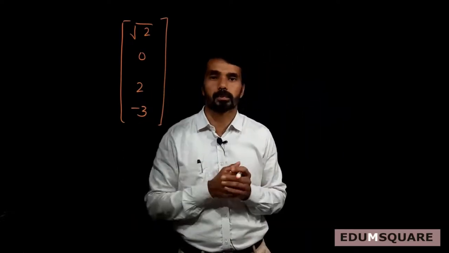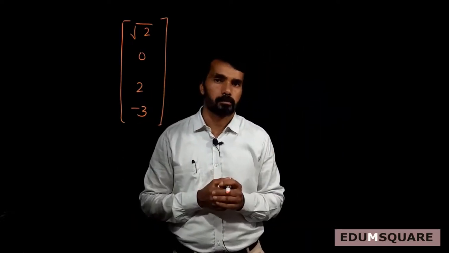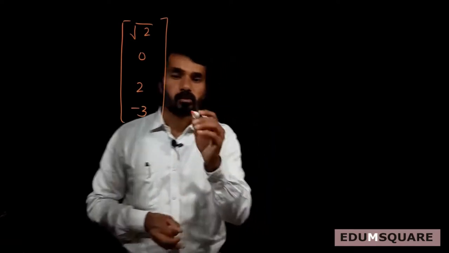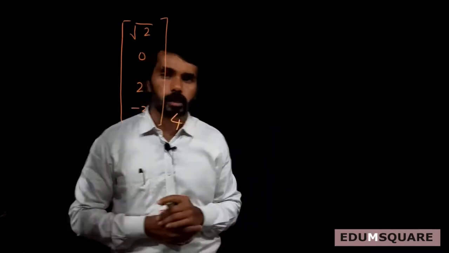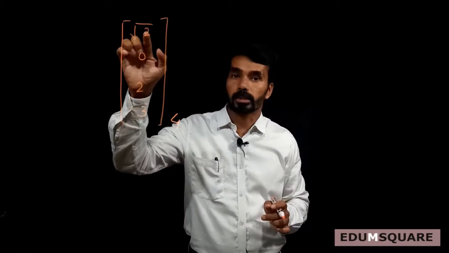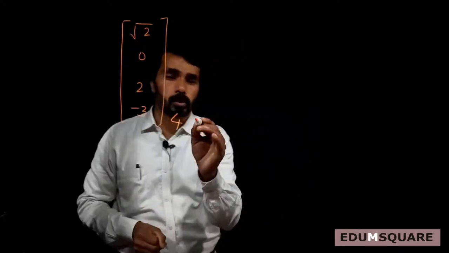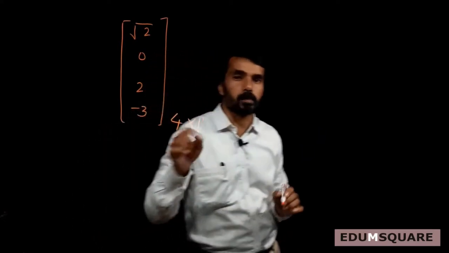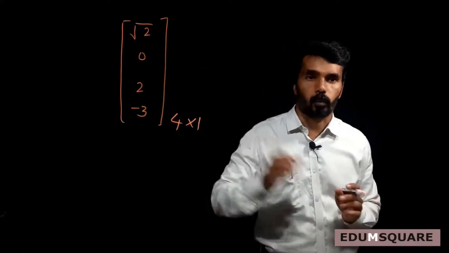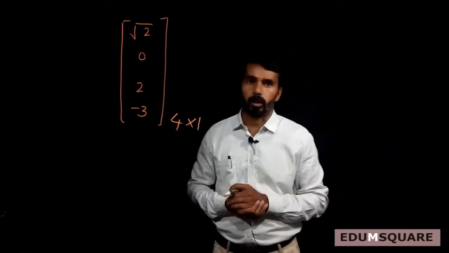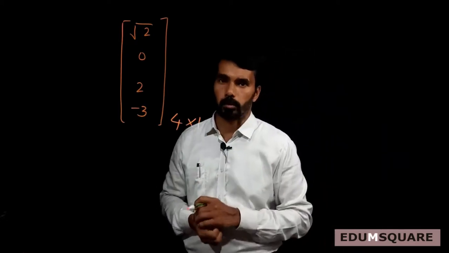In this matrix, how many rows are there? Yes, there are 4 rows. Then how many columns are there? Just one column. So the order of this matrix is 4 by 1. Let us consider one more example.